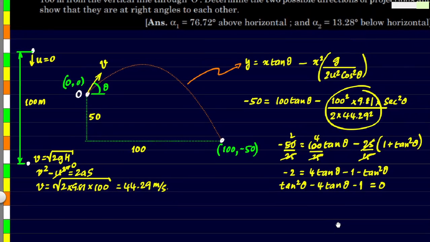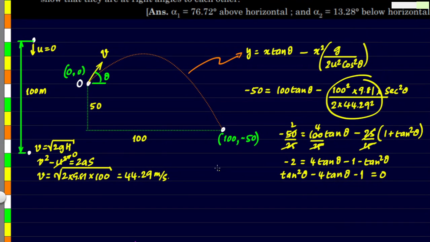So this appears to be a quadratic equation, except that in place of x we have tan of theta. So if you have the scientific calculator, you have the direct way to find the roots, you can use that. And if you don't have access to that, you can just directly use the relation x equals minus b.